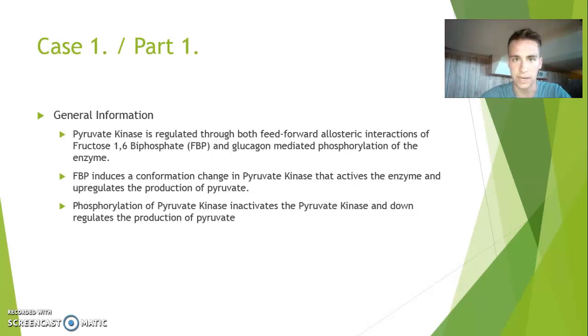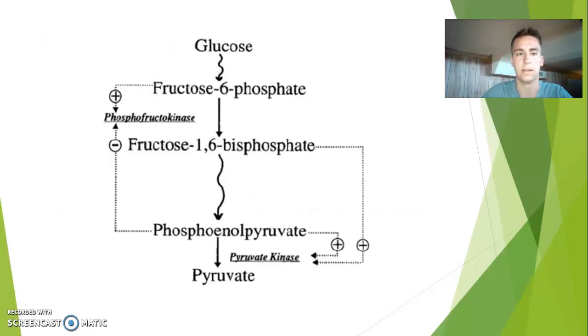What happens is that glucagon begins to accrue in higher levels, and glucagon will in turn phosphorylate pyruvate kinase, thus inhibiting it through a conformational change. This in turn decreases the amount of pyruvate being produced and decreases the amount of energy present within the cell. So here is a quick diagram of what this looks like.